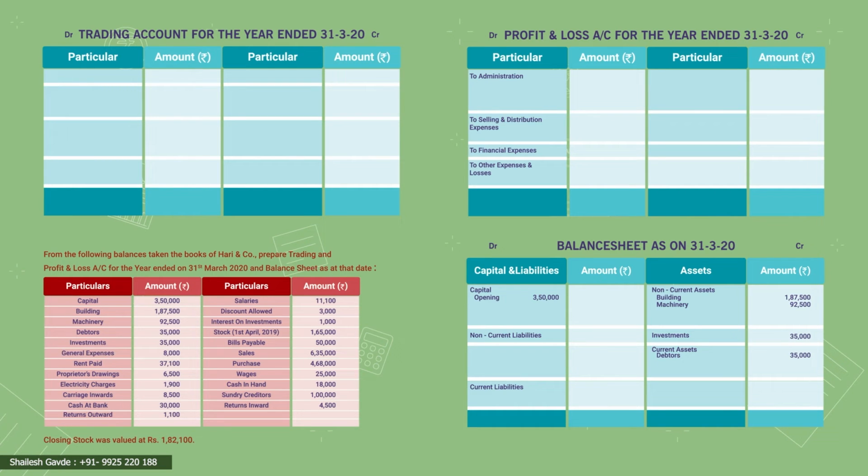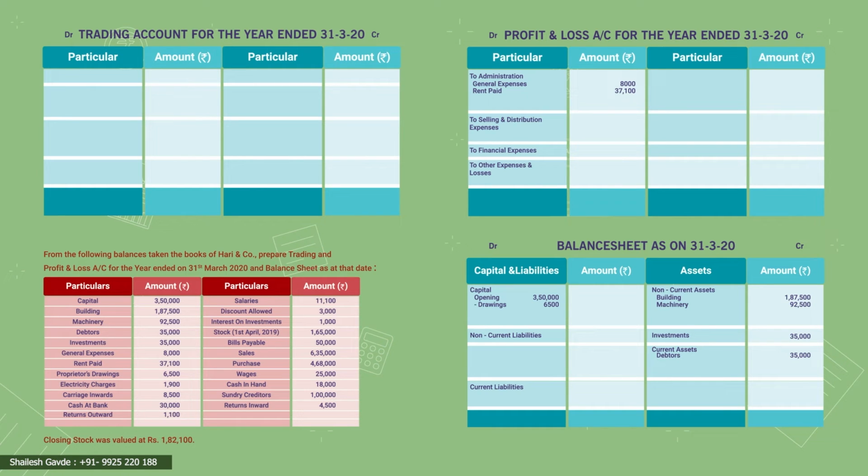General expenses, they go to profit and loss, administration expenses 8,000. Rent paid, it is an indirect expense, profit and loss account, administration expenses. Proprietor's drawings we show as a deduction from capital, liability side, opening minus drawings 6,500.